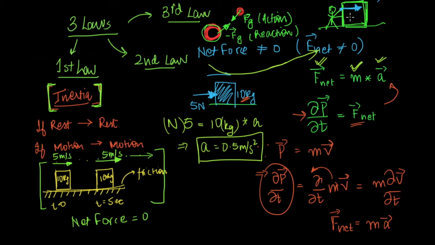What we do not realize is that the box itself, by virtue of action and reaction, is applying a force onto us in the opposite direction, but the same magnitude. So this is the reaction force, and this is the action force, and they're always equal and opposite. So F a is always equal to minus F r, if we take the vectors into account. So there you have it.